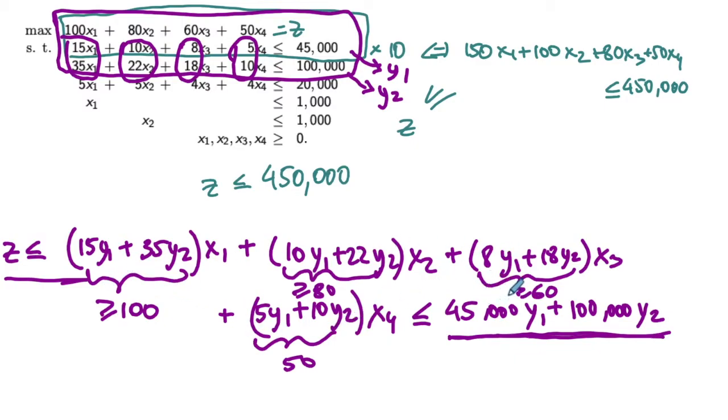So essentially we are going to obtain another LP, which will be to minimize 45 thousandths times y1 plus 100 thousandths times y2, subject to 15 times y1 plus 35 times y2 is greater than or equal to 100, 10 times y1 plus 22 times y2 is greater than or equal to 80, then 8 times y1 plus 18 times y2 is greater than or equal to 60, and 5 times y1 plus 10 times y2 is greater than or equal to 50. And all of the variables, which are y1 and y2, of course, are non-negative.